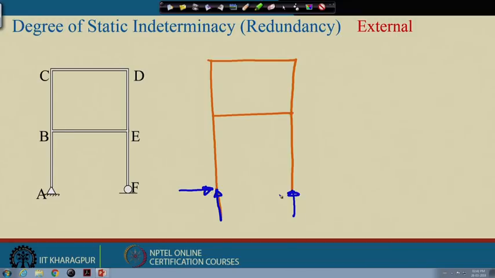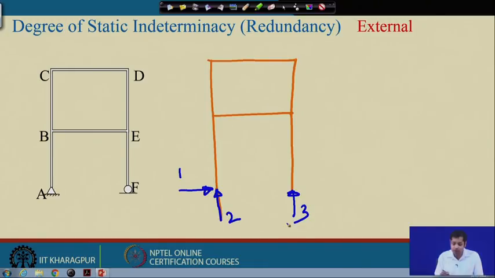So, here the support reactions are 3, and the equilibrium equations available are 3. So, in this case there is no indeterminacy due to additional support provided in the structure. So, the external static indeterminacy is 0.